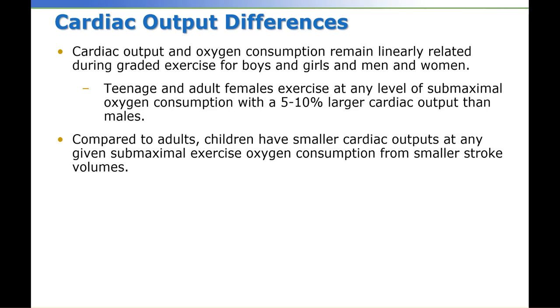Teenage and adult females exercise at any level of submaximal oxygen consumption with a 5 to 10% larger cardiac output than males. Compared to adults, children have smaller cardiac outputs at any given submaximal exercise oxygen consumption from smaller stroke volumes.